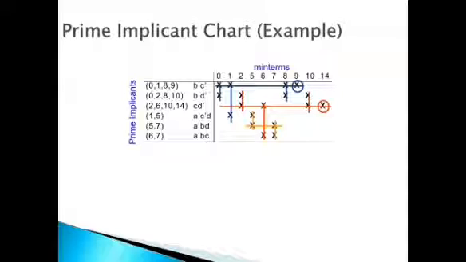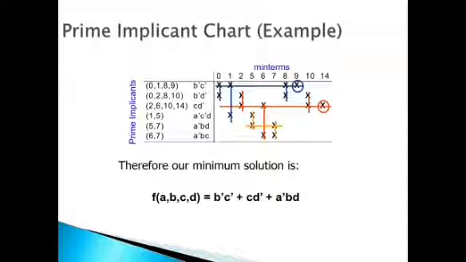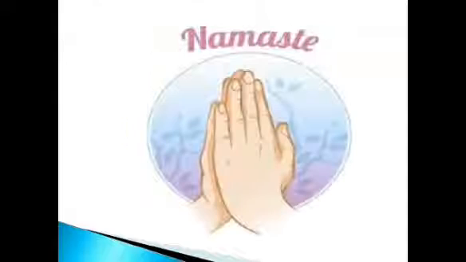So there are three essential prime implicants in this chart, that is B complement C complement, C D complement, A complement B D. So this will give us the minimum solution from the essential prime implicant chart. So this is the way, by the use of QM method, we can calculate the minimized Boolean expression. Thank you very much.